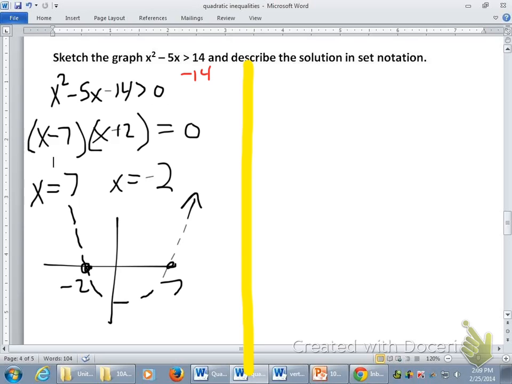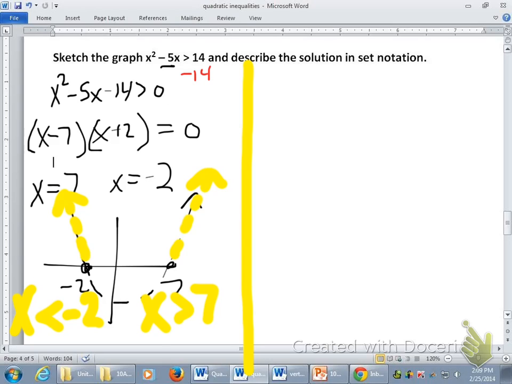I want to be bigger than 0. Where is it bigger than 0? Here. Oops, that should have been dotted, right? That's bigger than 0, and that's bigger than 0, right? So x is less than negative 2, and x is greater than 7.